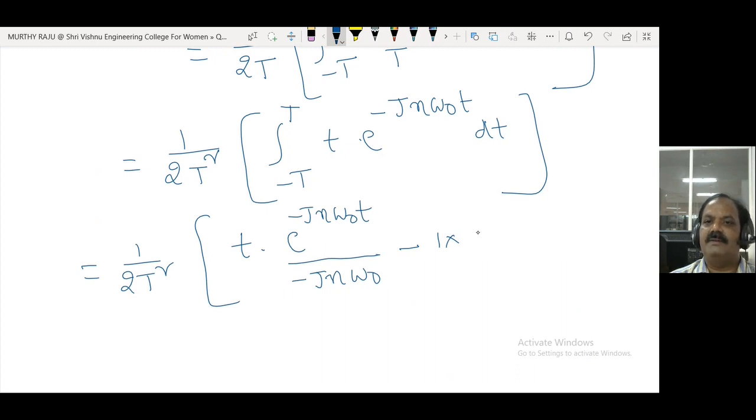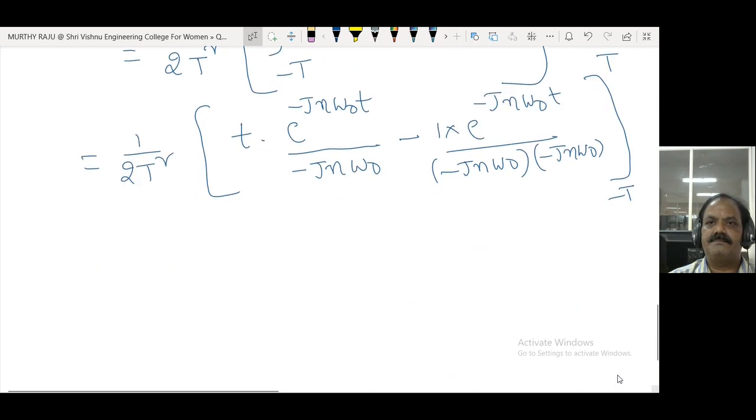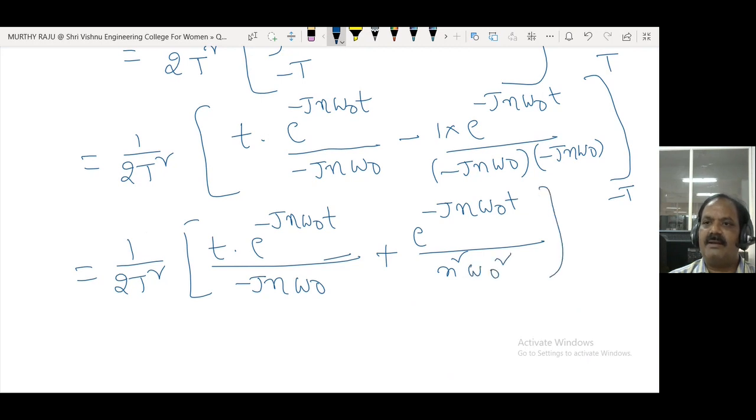The integral of e power minus j n omega naught t by minus j n omega naught, again divided by minus j n omega naught, in the interval minus T to plus T. So 1 by 2T square, t into e power minus j n omega naught t by minus j n omega naught, minus, into minus plus, j into j square, where j square is minus 1, into minus plus e power minus j n omega naught t by n square omega naught square, from minus T to plus T. Substitute these values in that expression.